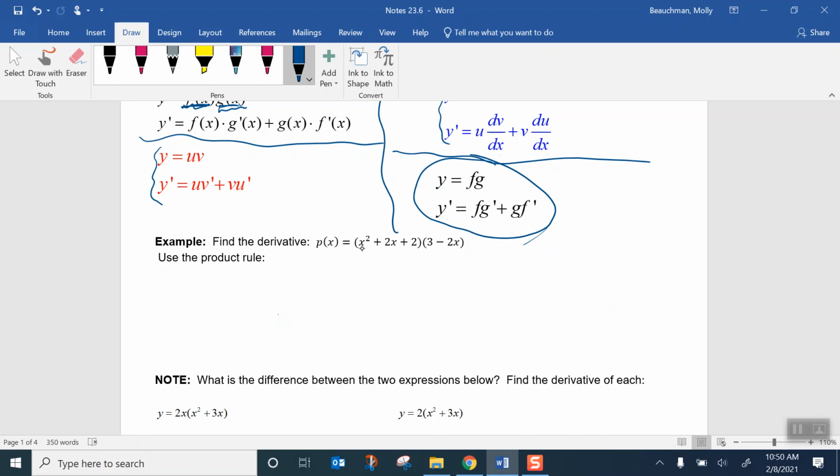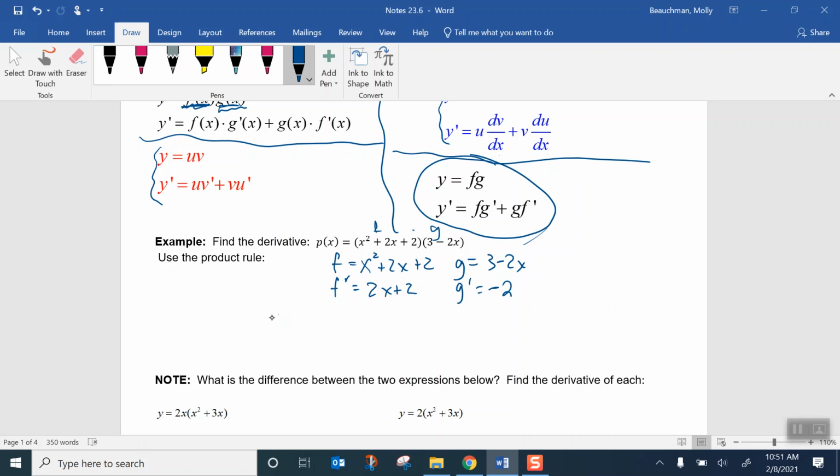So whenever you have a function y equal to the product of two functions, for example, our p of x is x squared plus 2x plus 2 times 3 minus 2x. So our function f would be x squared plus 2x plus 2. Our function g would be 3 minus 2x. So I've got it written in f times g format. Then we're going to use this formula. So we need the derivatives of each individual factor. So f prime is going to equal 2x plus 2. G prime is equal to negative 2.